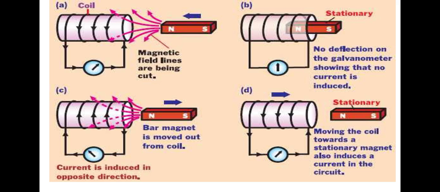Means on changing the movement of bar magnet, the current's direction also get changed. Right. Now in the figure C, there is also deflection. It means the coil is stationary and the bar magnet was moved out from the coil and the current is induced in the coil in opposite direction.